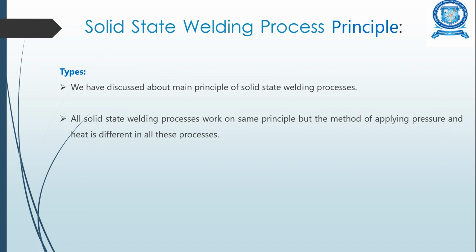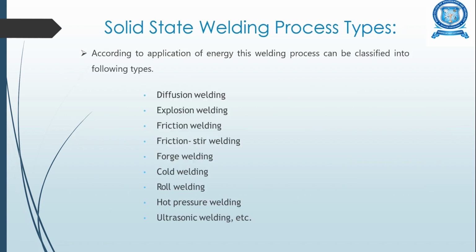Solid state welding process has different types. All solid state welding processes work on the same principle, but the method of applying pressure and heat is different in all the processes.